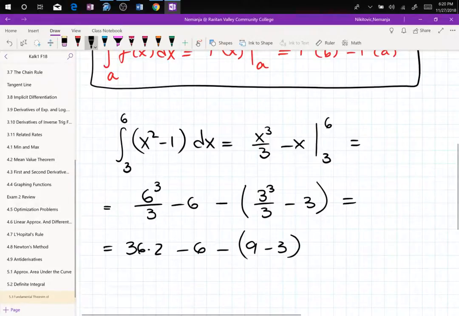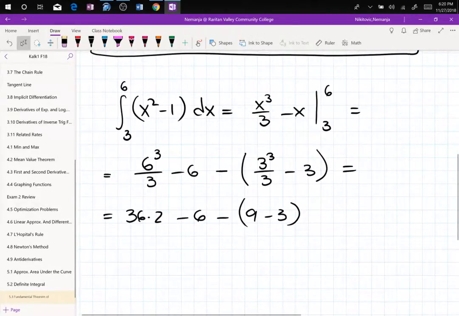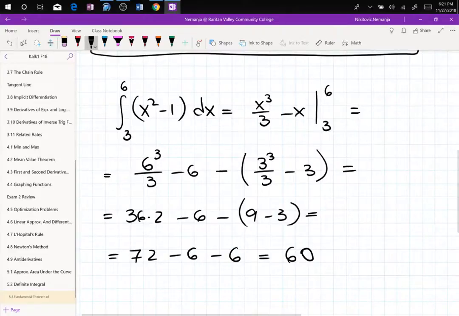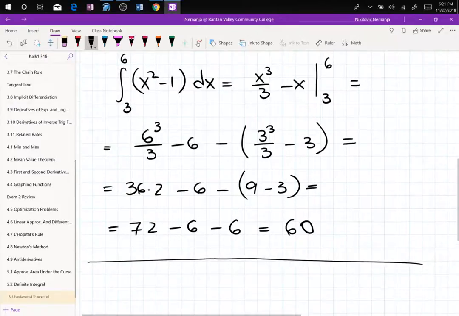Because, again, one of the 3's cancels. So now, this is 72 minus 6 minus another 6 for a total of 60. So this is computing the definite integral, what we learned last time. And that's also the fundamental theorem of calculus part 1.